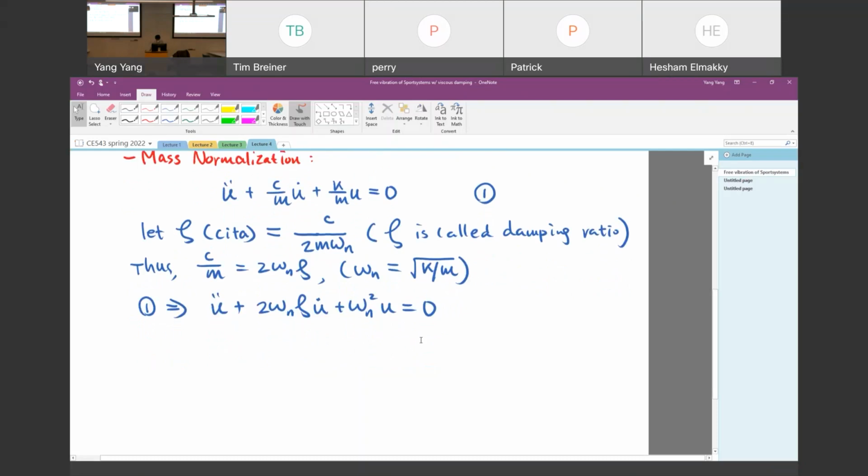As you can see, we introduced the theta here. We have theta equal to C over 2 times m times omega n. That's a ratio. So that's why we also define another important parameter, called the critical damping coefficient.